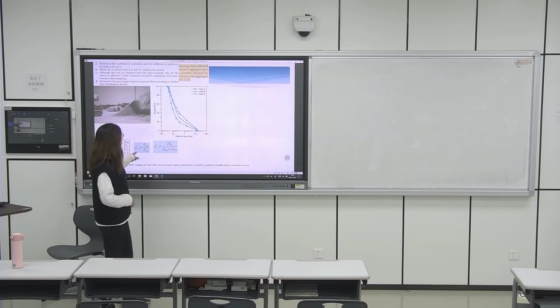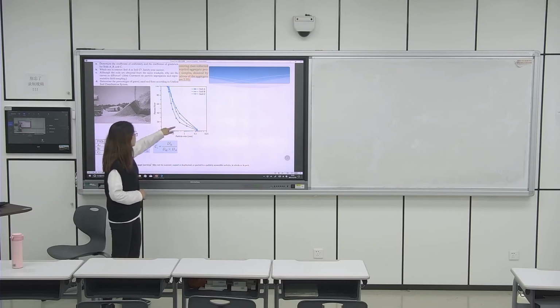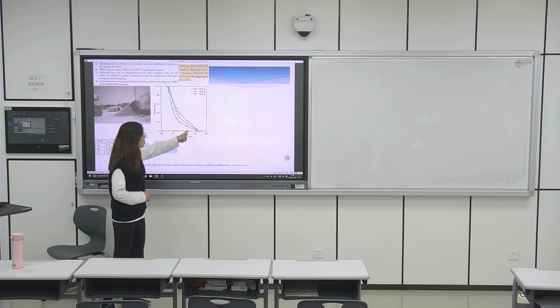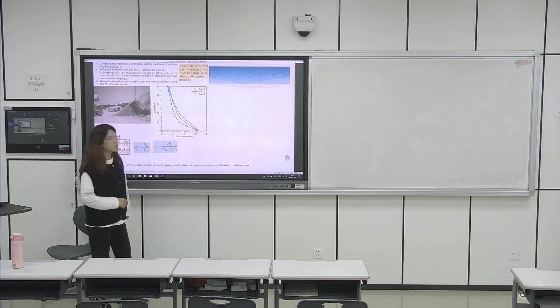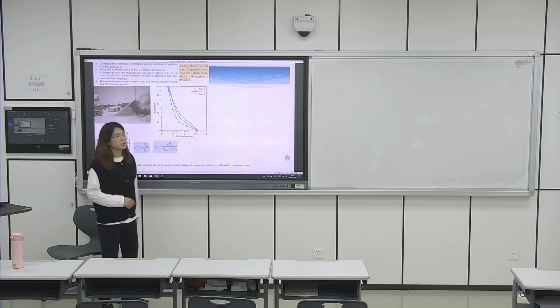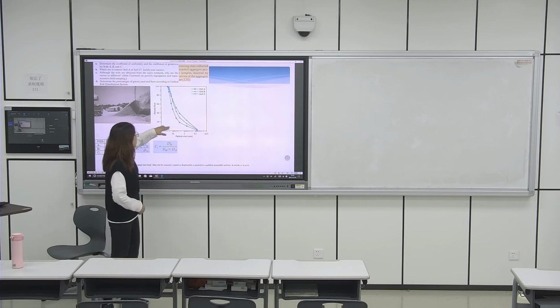Let's see one. For soil A, let's say you want to find D10. D10 is the particle size corresponding to 10%. 10 is in here, then draw a vertical line in here. It is around 0.1, 0.2, 0.3, maybe 0.4 or 0.6. So if you have the paper, it is much easier for you to get the answer, right? So it is the particle size corresponding to 10%.